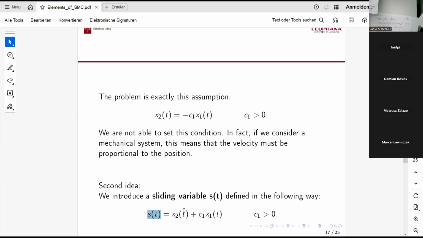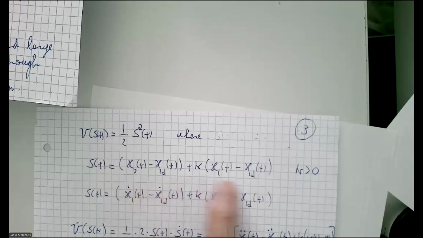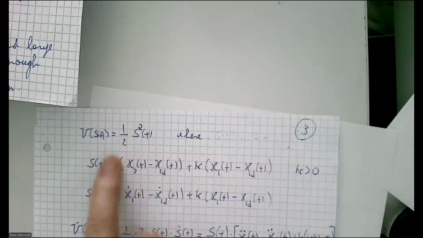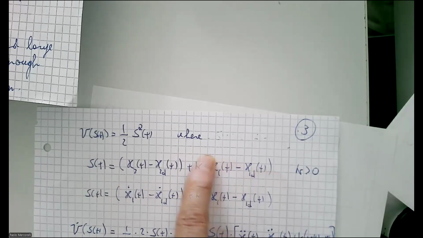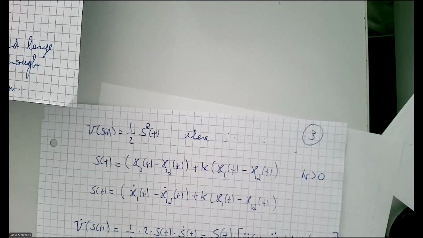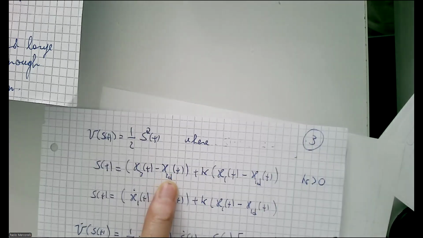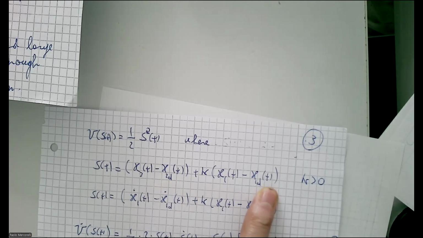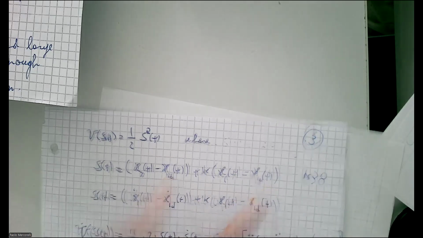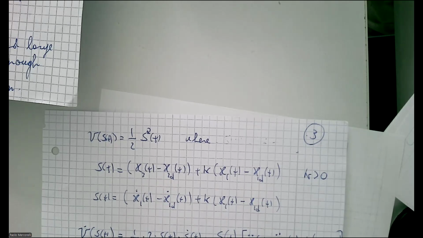This means here we have x2 minus x2 desired plus k, or the c1, multiplied by x1 minus x1 desired. If I was able to present this nice example last time, now it seems to be clear. At that time we had x2 desired 0, x1 desired 0. Now we have a different 0, because 0 is just an abstract concept.